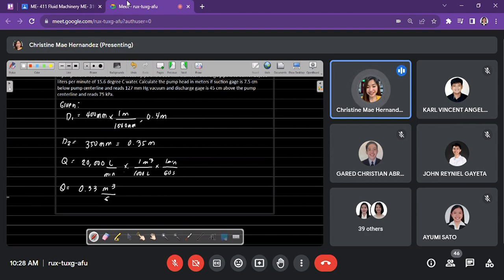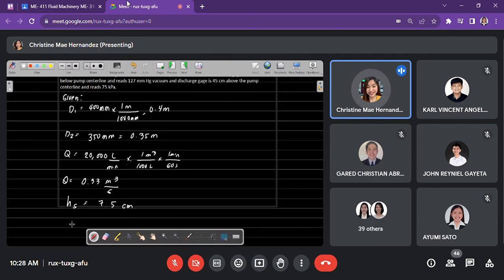So, meron tayong suction gauge na 7.5 cm below the pump center line and reads 127 mmHg vacuum. So, times natin siya ng 760.